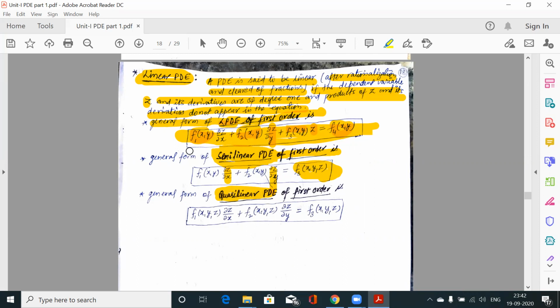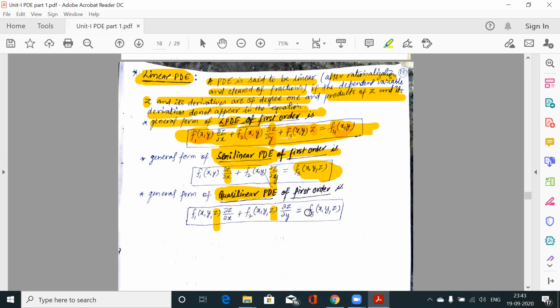Till now, in both of the above cases, the coefficient of del z over del x and del z over del y cannot include z. The f1, f2 cannot include z as coefficient because the degree would be more than 1. But in Cauchy linear, z may be the coefficient of del z over del x or del z over del y. So this is the difference.